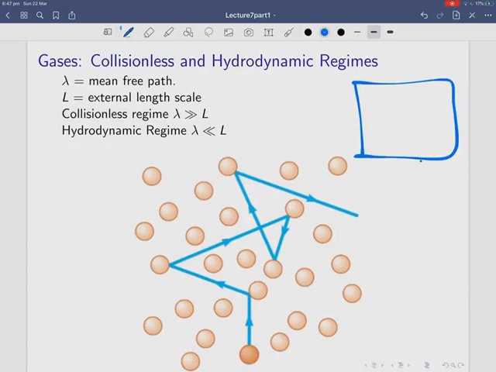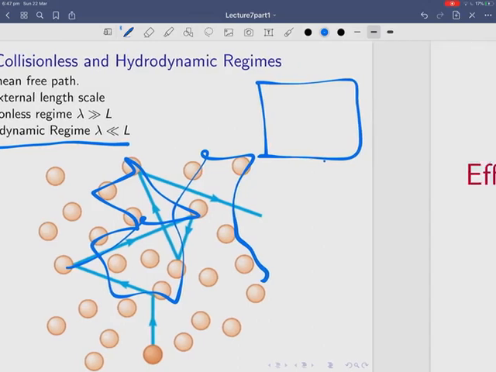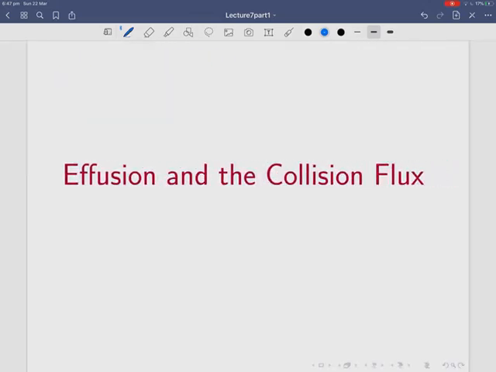So if you're nitrogen in the room, you collide crazily with all the other nitrogen molecules before you reach the side of your box. Okay, that's called the hydrodynamic regime. That's the regime where things are all evened out. You get many collisions, and you get things equilibrated quite fast. The collisionless regime, much less so.